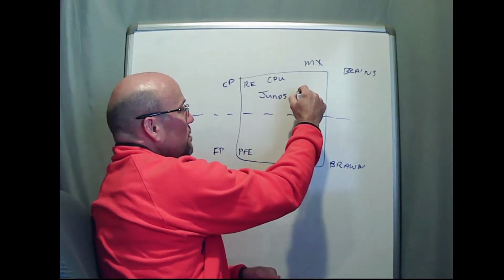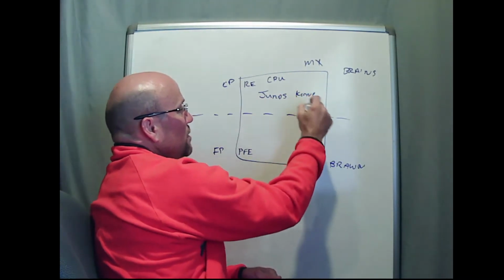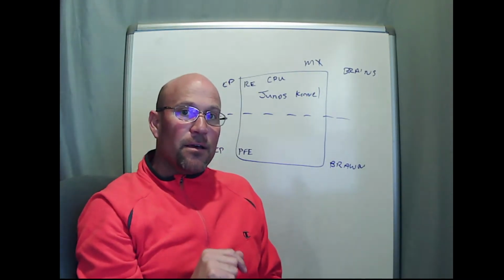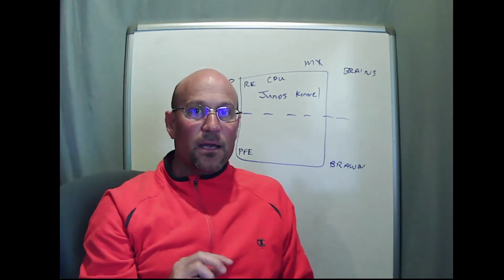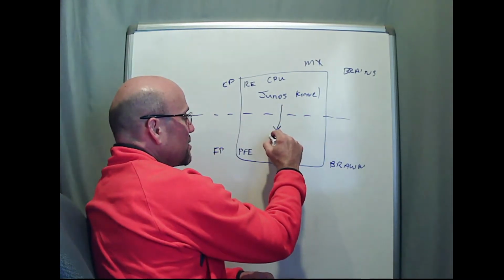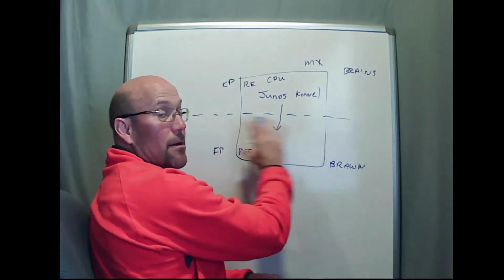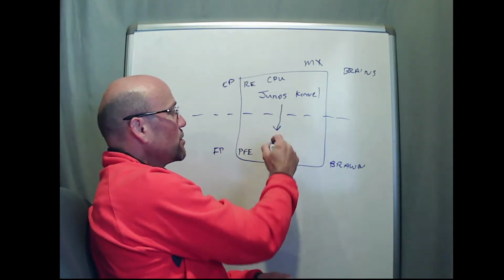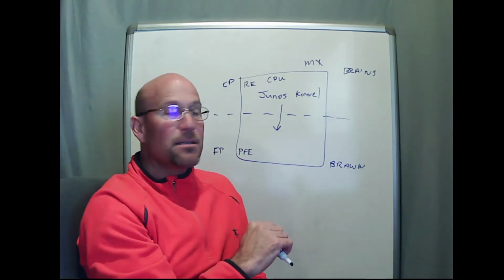The Junos kernel. The Junos kernel is based on the FreeBSD Unix operating system. There's a microkernel that is put down into the packet forwarding engine plane, the forwarding plane. There's a microkernel of Junos that's pushed into the line cards.